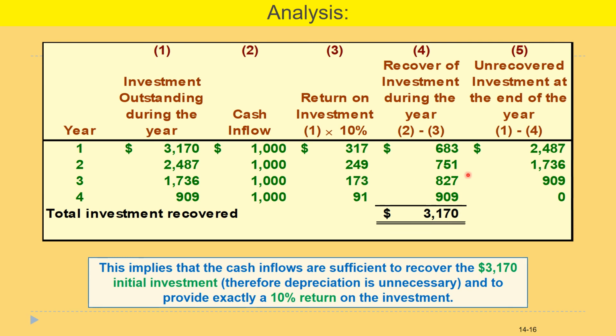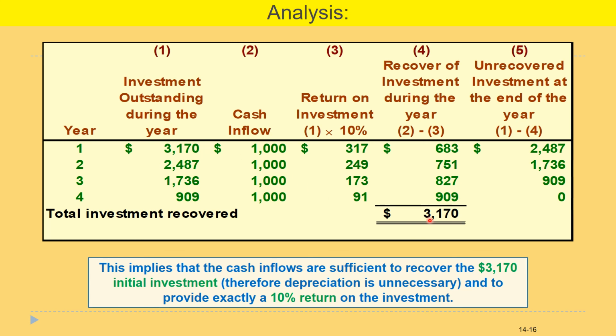And we go through the same process again. We subtract the return from the 1,000, and we get how much is actually paid back, and 1,736 remains. Bring the 1,736 here, and we go across for the investment. When we finish here, this column should at least equal the initial investment to make the investment worthwhile.